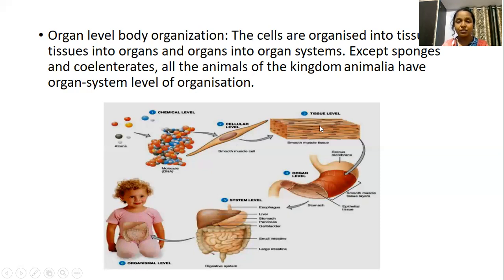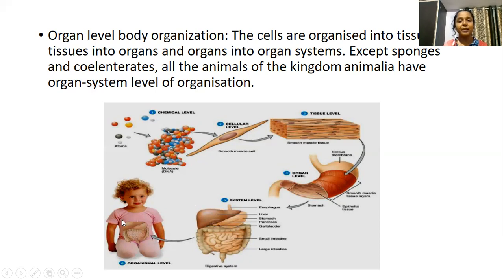From the cellular level to the tissues: a bundle of cells which performs similar functions forms tissues, and tissues which are specific to perform a particular function will form an organ. Then various organs involved in doing a particular function form the organ system, and ultimately the individual which carries the organ systems is the organism.